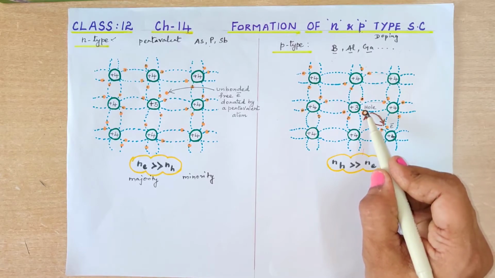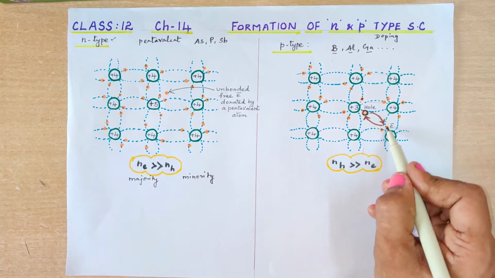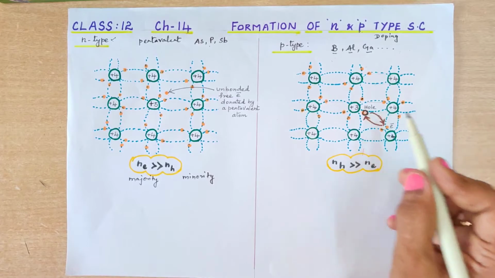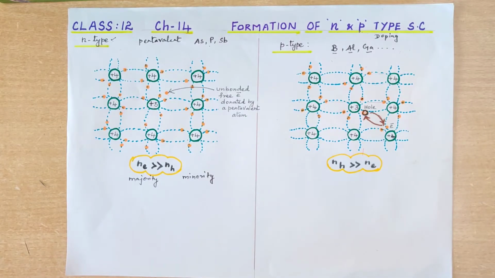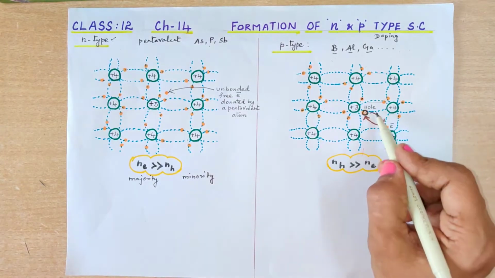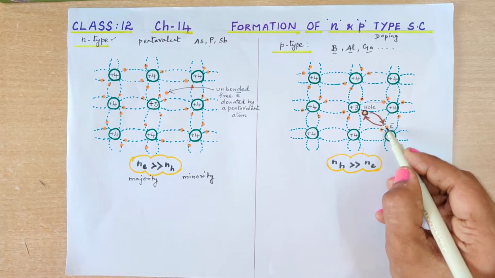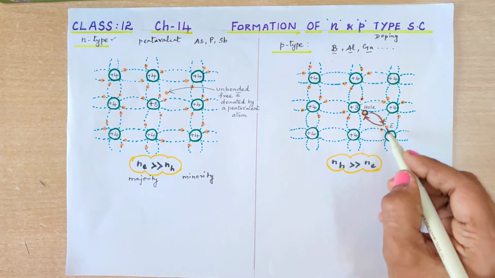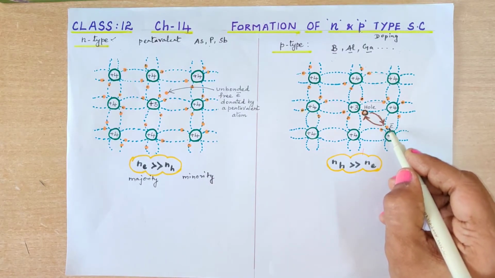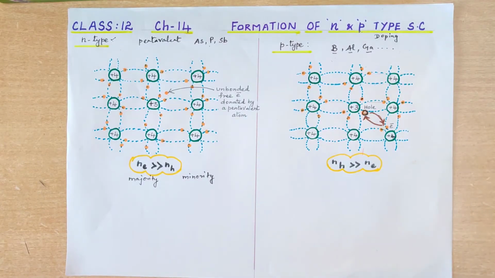This incomplete bond is filled by the electron which comes from the adjacent silicon covalent bond that slides into the vacant bond, leaving a hole in its place, because when this electron jumps to fill this place, it always leaves a vacancy, and that vacancy always creates a hole, which is called a positive charge carrier.